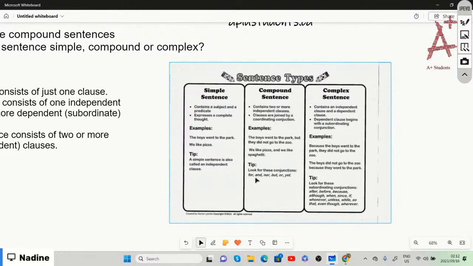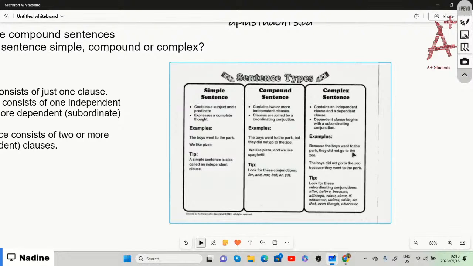And so with complex sentences, a complex sentence either starts with a subordinating conjunction or has a subordinating conjunction in the middle of the sentence. And a compound sentence, again, pardon, it has a coordinating conjunction.